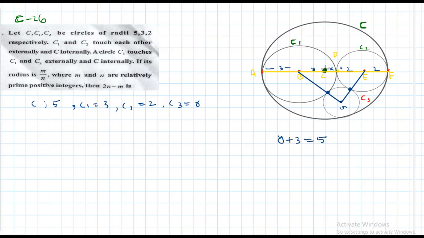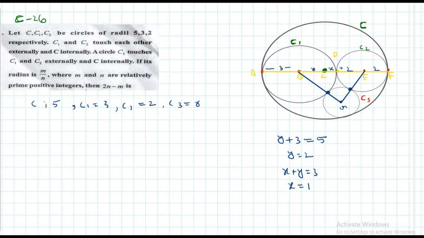So Y equals 2. Automatically X becomes what? B to D is 3, so X plus Y is 3. Just now you got Y as 2, which means X equals 1.